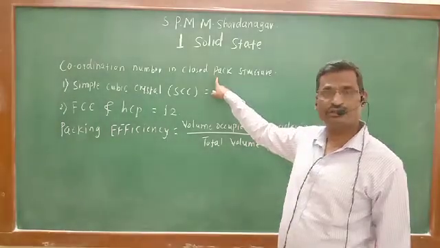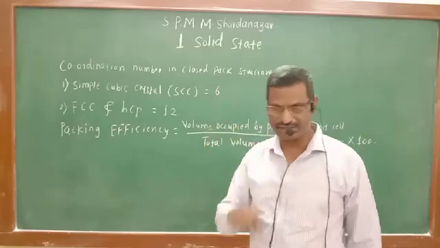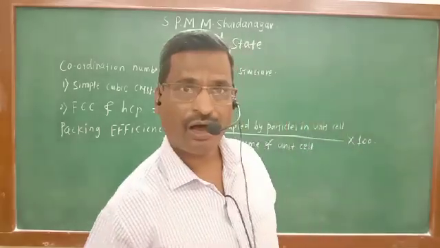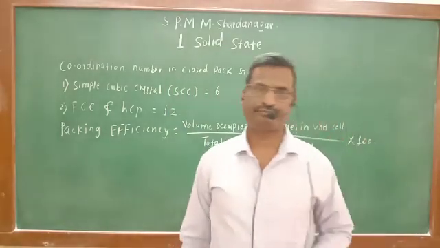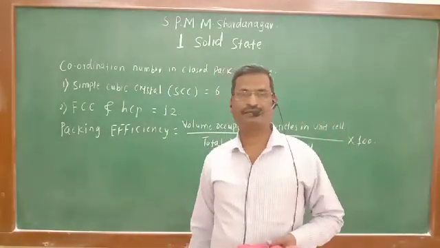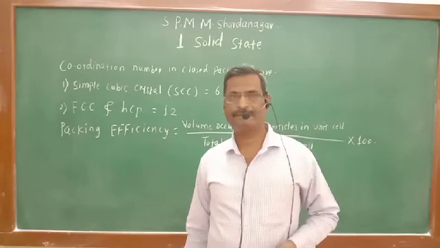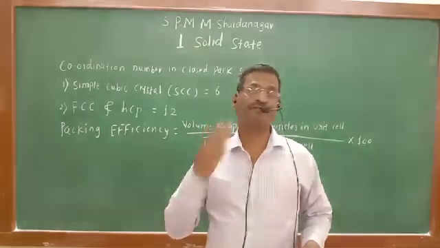In close packing, meaning three-dimensional packing, how coordination number results is what we have to study here. In the last lecture, we saw that three types of structures are obtained.